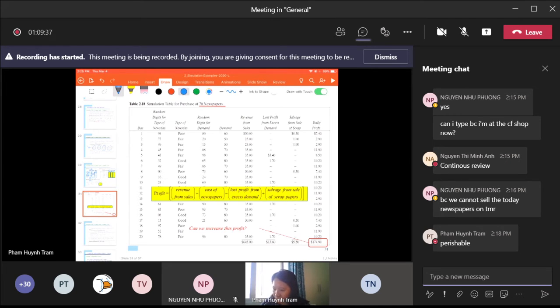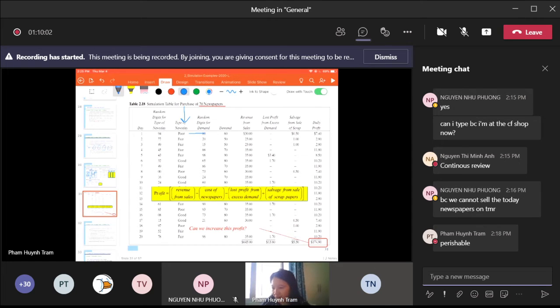Okay, so we need to simulate the type of news day, whether it is a poor or fair or good day, and then corresponding to that, we will generate the demand according to the type of news day.